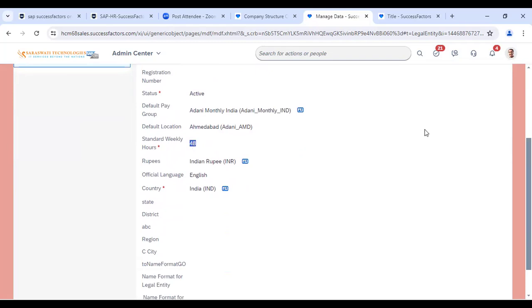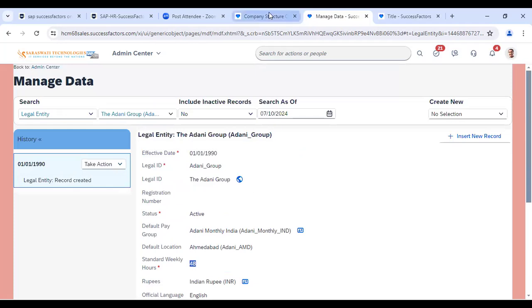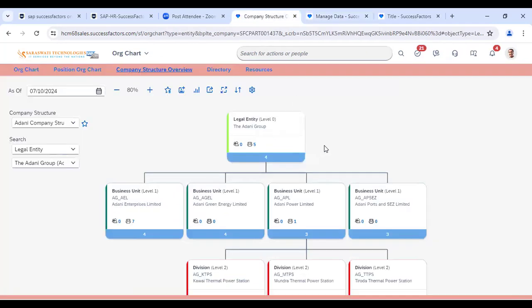Is the legal entity the highest level in the structure? Because in the first slide which you showed today, we were discussing all the different terminologies: division, legal entity, company, and organization. What comes on the top?